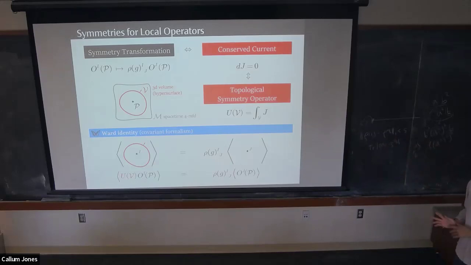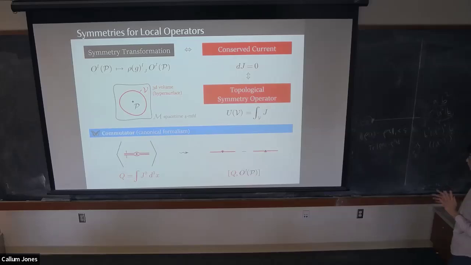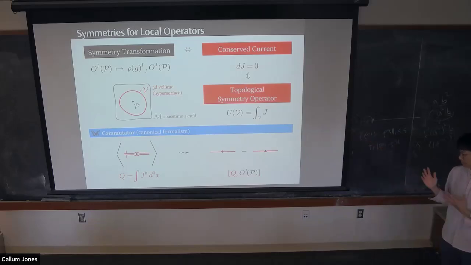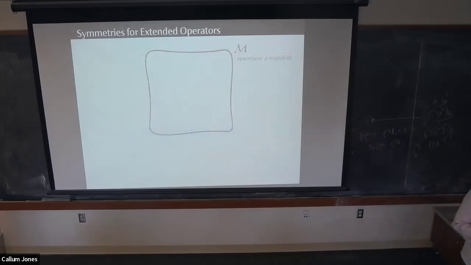In the covariant formalism, this Ward identity is established in terms of a path integral, but we can also approach it in terms of the canonical formalism. So in the Hamiltonian perspective, the transformation precisely arises from a sort of commutator.